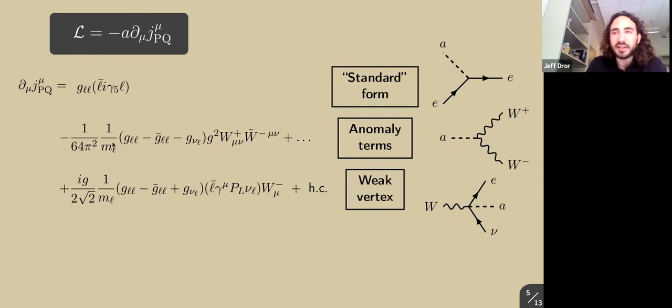If you just have an axion interacting with those sorts of charges, you'll remove these anomaly terms. For the second case over here, for this weak vertex, the one that I really want to highlight, this combination here goes to 0 if you don't have any electroweak violation inside the initial Lagrangian. So it's that particular combination that makes this term not important.